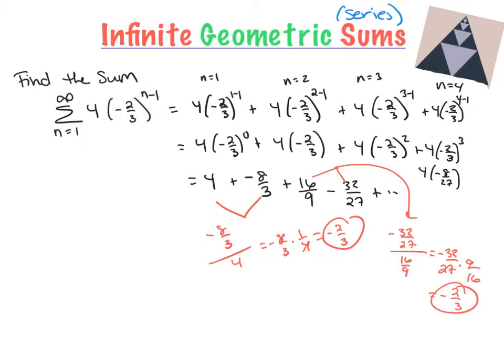So this is, in fact, a geometric series, which means that we could look at the r to decide if it converges or diverges. Now remember, its absolute value had to be less than 1, so the absolute value of negative 2/3 is positive 2/3, and that is certainly less than 1. So this series converges.